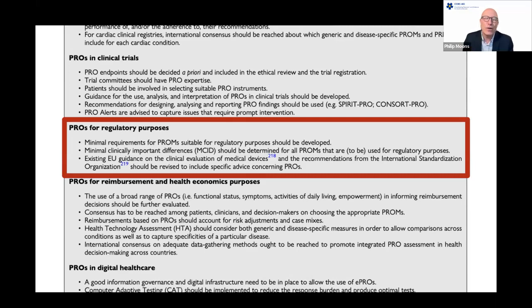So I clearly want to plead here that we need to build more structures where we can bring in the voices of patients and listen to what is clinically important from their perspective. Existing EU guidance on the clinical evaluation of medical devices and the recommendations from the international standardization organizations are also important.